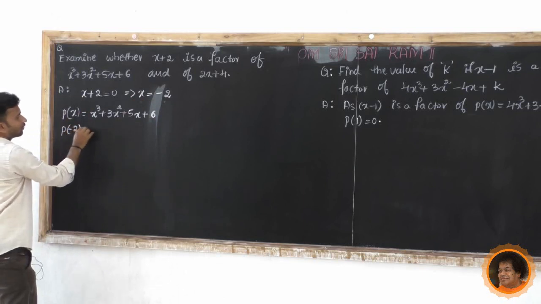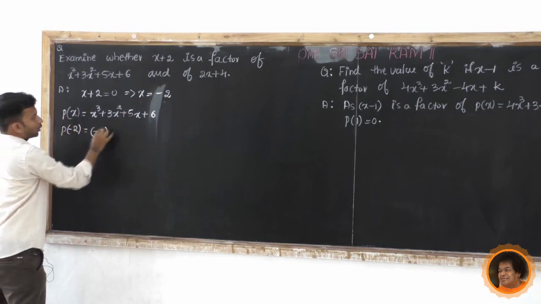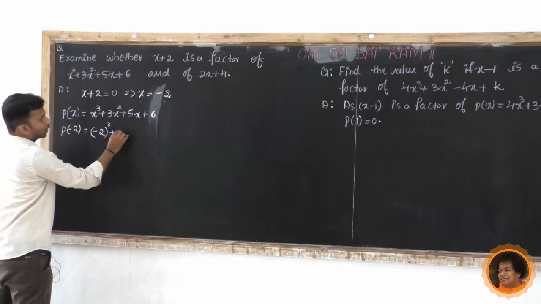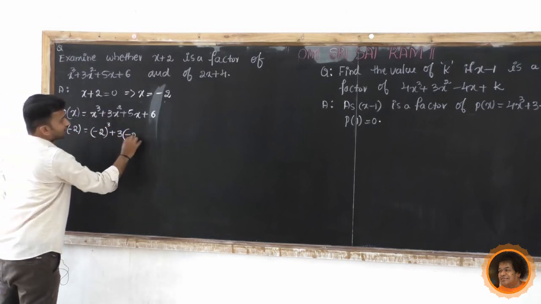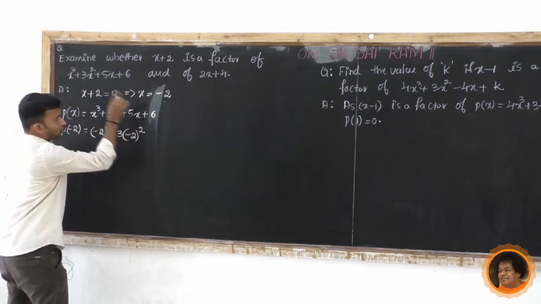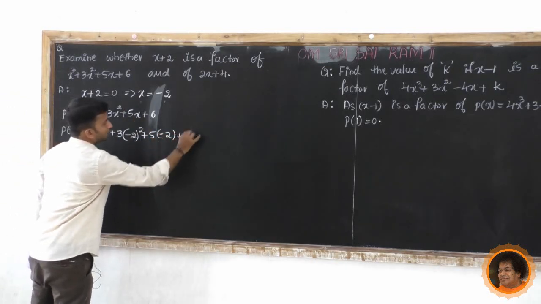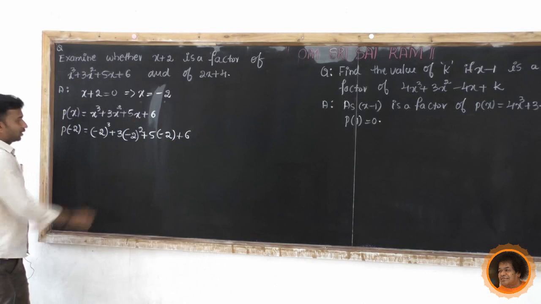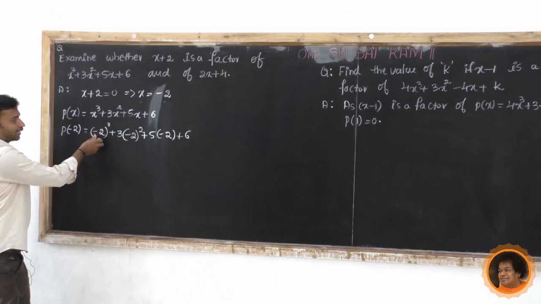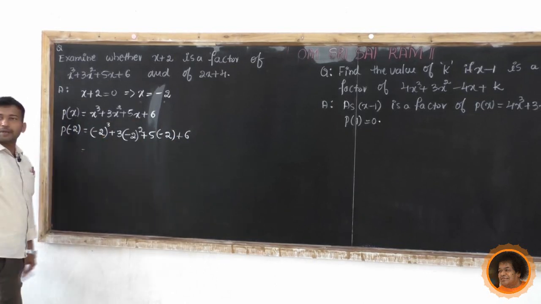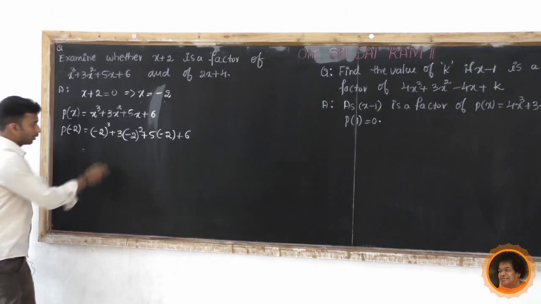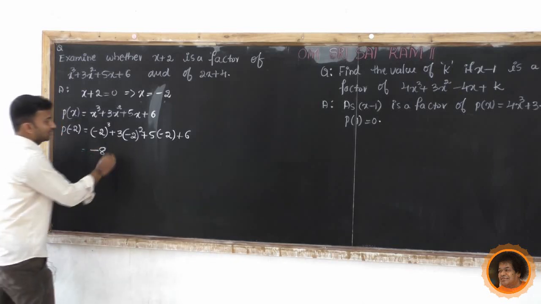Therefore, p of minus 2 is equal to minus 2 whole cubed plus 3 into x squared with x equal to minus 2, plus 5 into x with x equal to minus 2, plus 6. By solving, minus 2 power 3 is minus 2 into minus 2 into minus 2, which is minus 8.